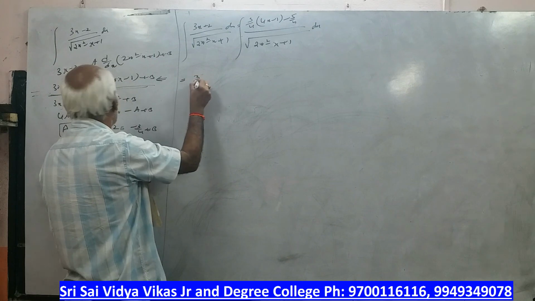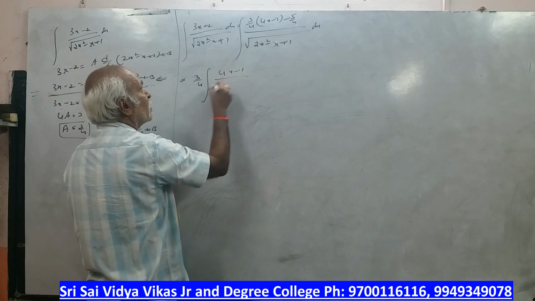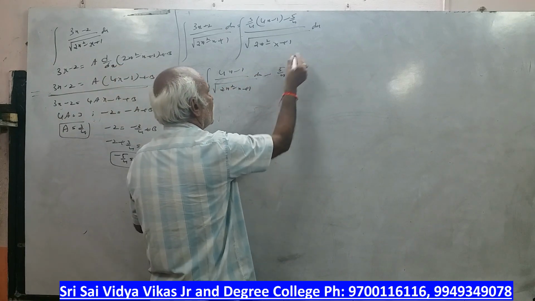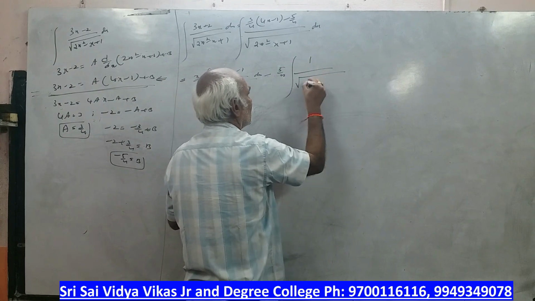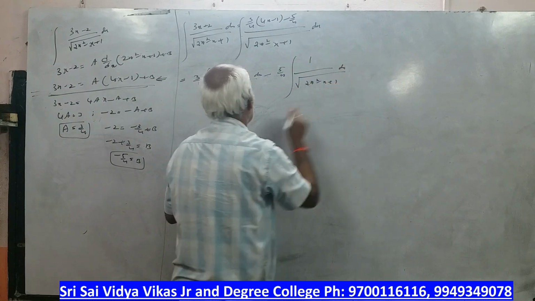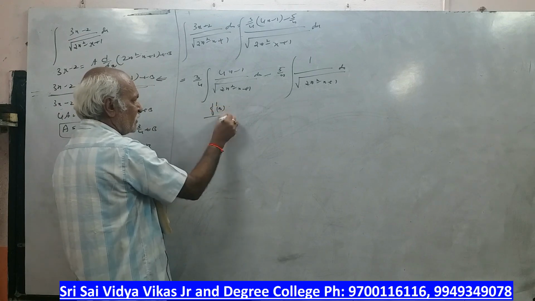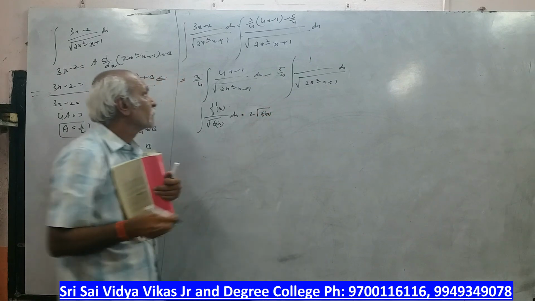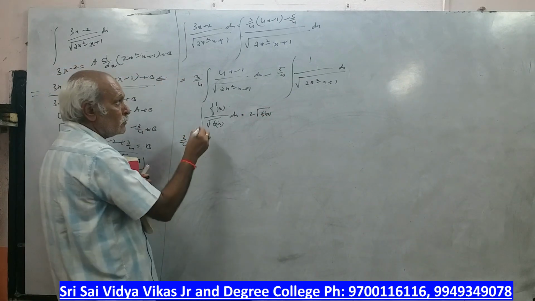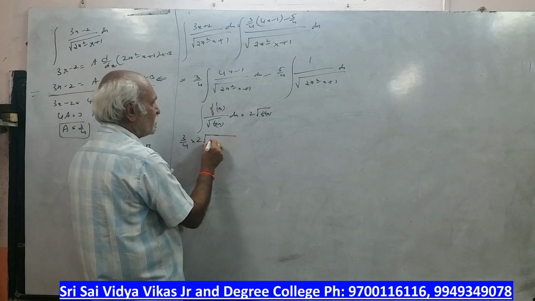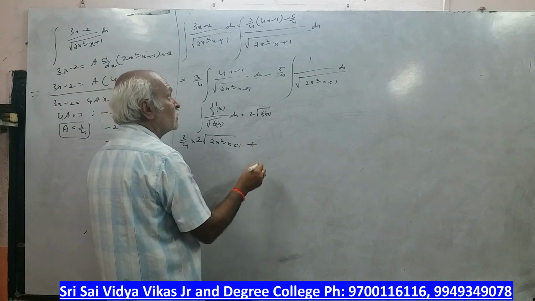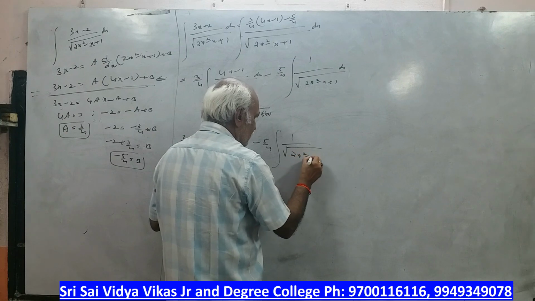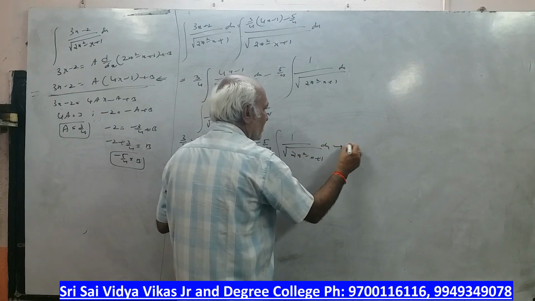Again 3 by 4 integral of 4x minus 1 by root of plus 1 dx minus 5 by 4 integral of 1 by root of plus 1 dx. So again it is in the form of f dash x by root of f of x, 2 root of f of x. So 3 by 4 2 into root of f x, plus minus 5 by 4 integration of 1 by root of 2x plus 1, call it as Roman 1.